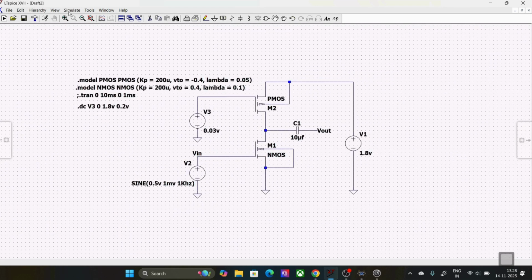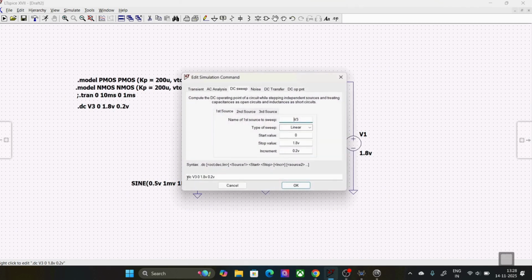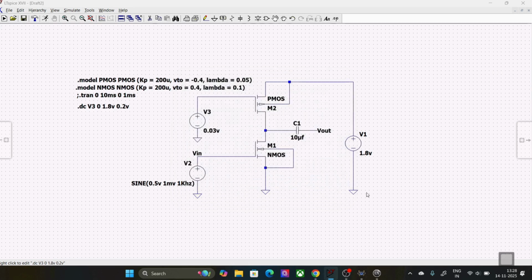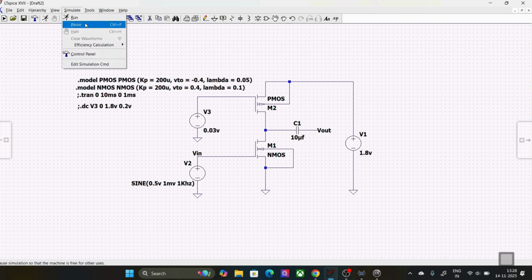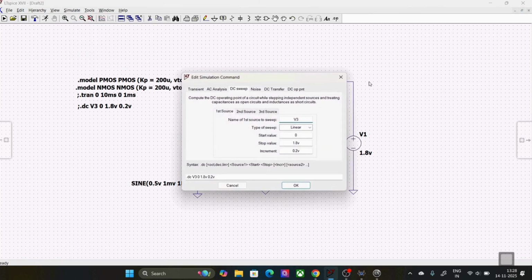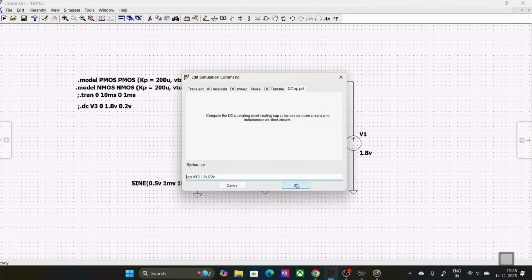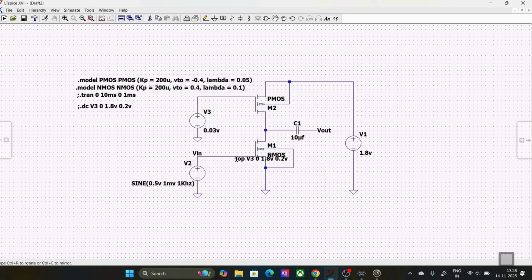This time I'll click on simulate, but before that, let me put a semicolon over here so that the DC sweep won't be simulated, rather the DC OP will be simulated. I'll click OK, put it somewhere over here, and run.